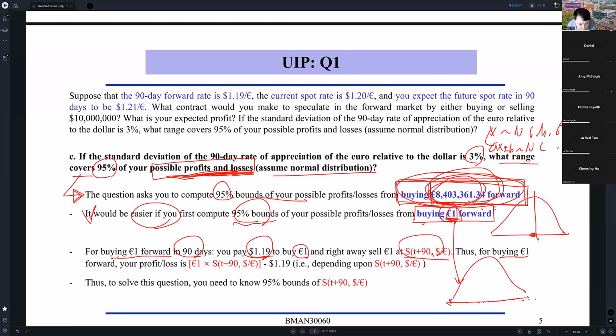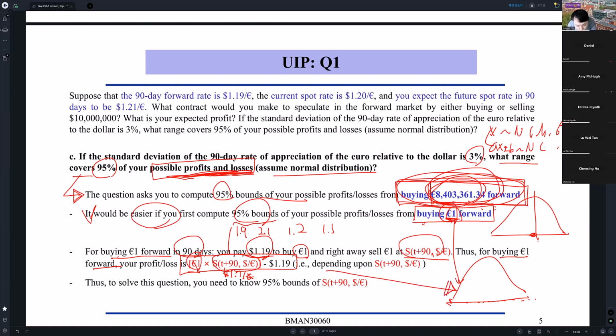So buying €1 forward, your profit is going to look like this: €1 times, for example, $1.7 per €1, the euro will be canceled and you get a dollar amount minus what you have to pay. Because this is uncertain, this could be 1.9, 2.1, or 1.2, 1.1, right? Any value is possible.